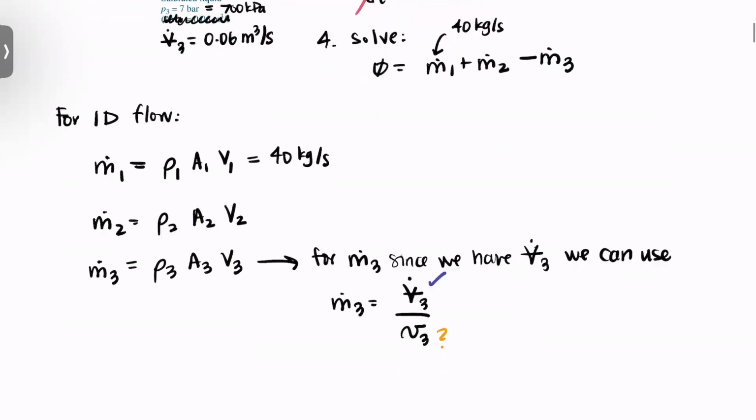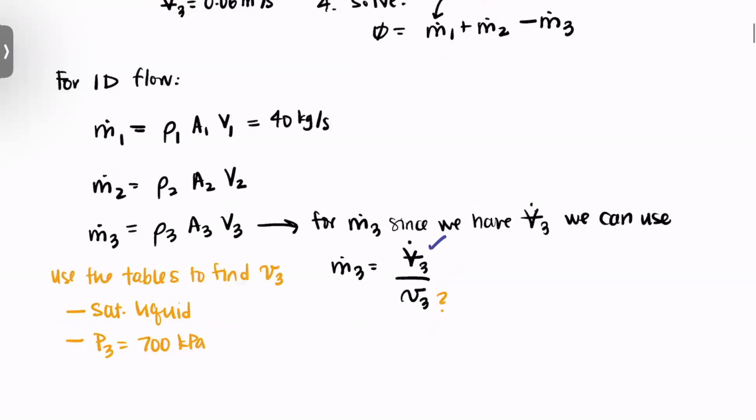Okay, so for state 3, we want to find v3, and we know that we are a saturated liquid. So what table should we use? And P3 is 700 kPa. I see you turning the page, so you already know. So we're going to use the saturated water pressure tables, right?